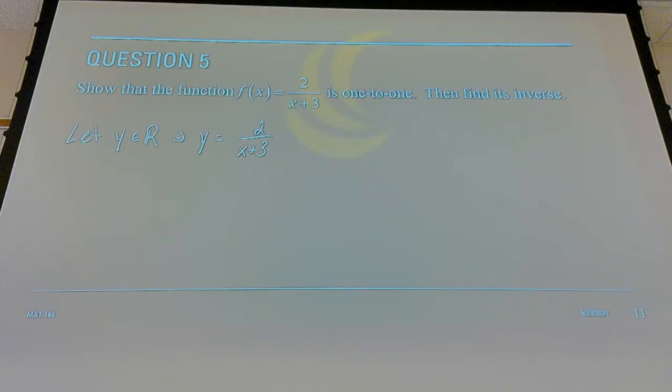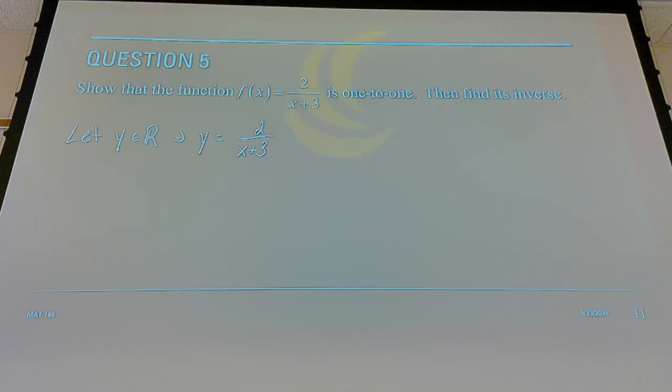This is where using codomain instead of range is preferable. So I don't have to worry about trying to determine what the range of f of x is. It's actually not difficult. The range is everything but 0. But for some more complicated functions, that's a little bit more difficult to do.